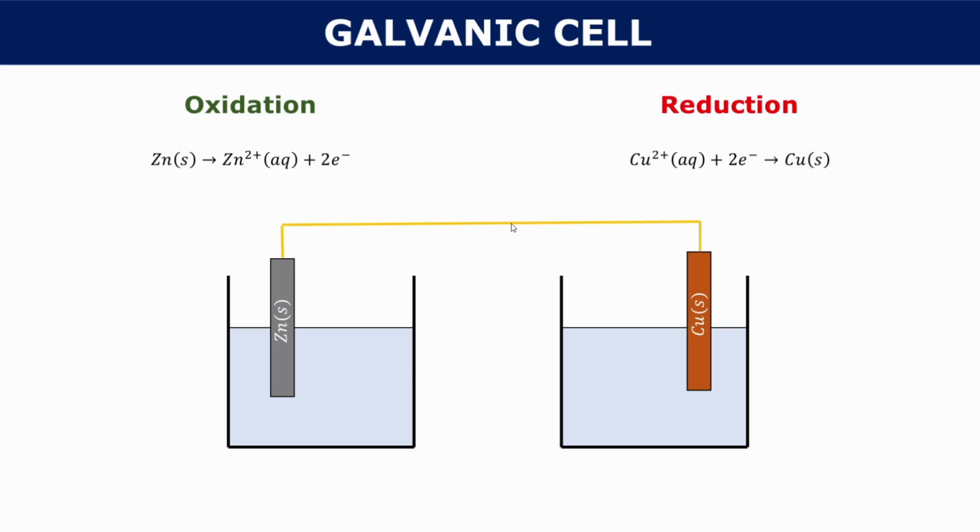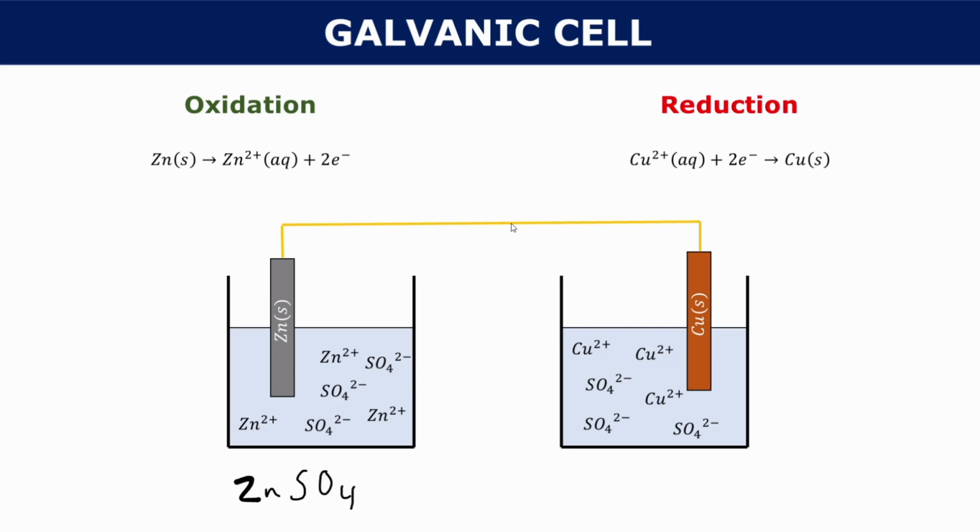All right, we have that solid. What about the aqueous bit? Well, in the aqueous bit, you're going to have zinc sulfate and copper sulfate. So ZnSO4, and you're going to have CuSO4. Again, this is so that the electrons are free to move and so that you create a standardized solution for when we need to measure something known as cell potential, which we'll go over more in the next video.